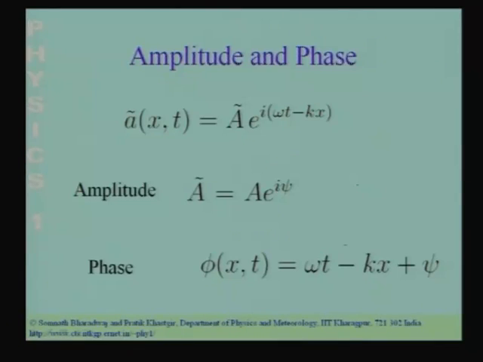So, now let us look at the behavior of A, which we know is a function of x and t. Let us look at how A behaves if I fix the value of x. There is a wave, a disturbance which changes with position and also changes with time.